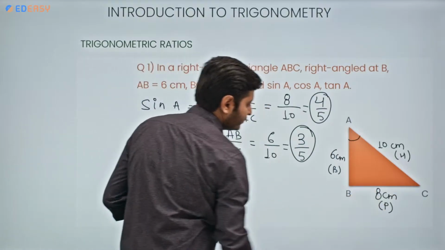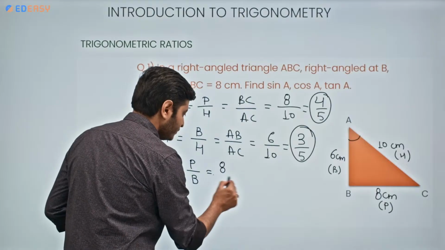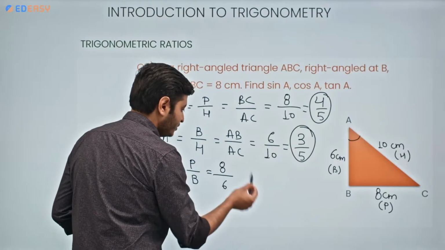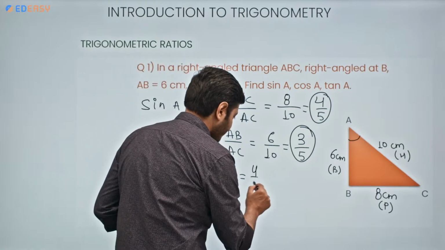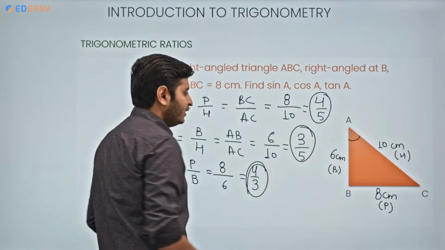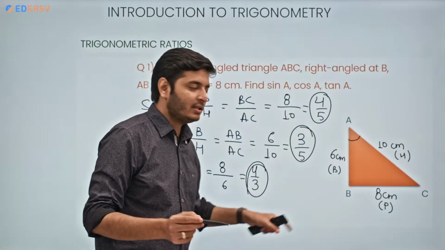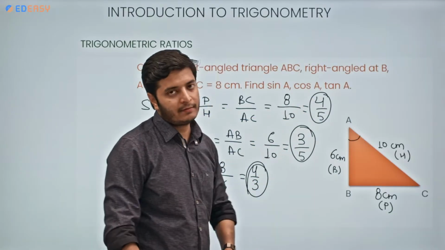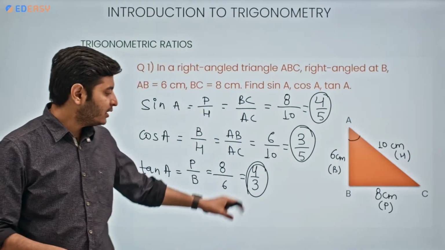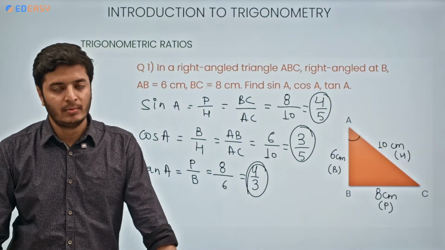Perpendicular 8 centimeter, base 6 centimeter. But this can be simplified further, correct? So 4 by 3. Even if we are going with sine theta by cos theta, then 4 by 5 divided by 3 by 5, 5 and 5 cancel. We are again left with the same answer, 4 by 3.